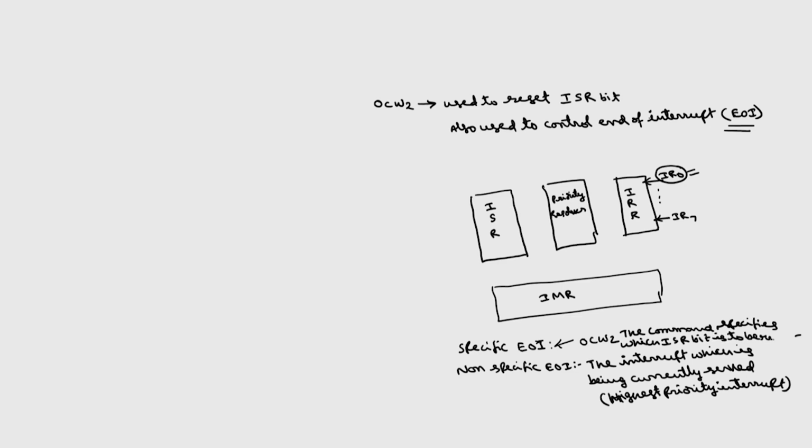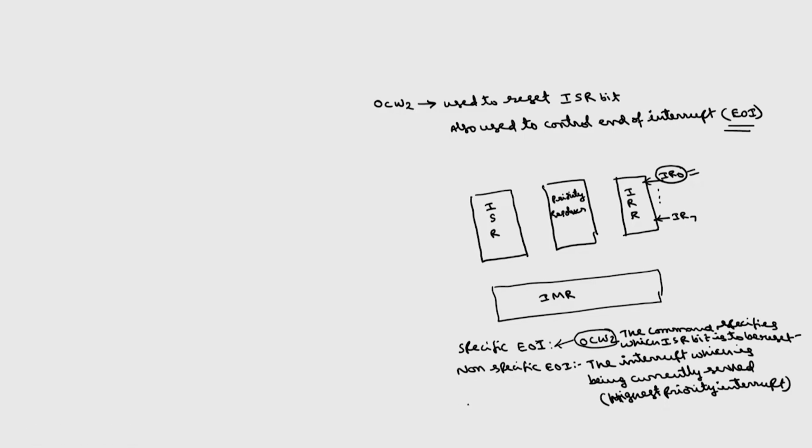I think now the difference between specific EOI and non-specific EOI is clear. In case of non-specific EOI, by default the interrupt which is currently being processed or served will be reset. In case of specific EOI, we have to give through this OCW2 which bit is to be reset.